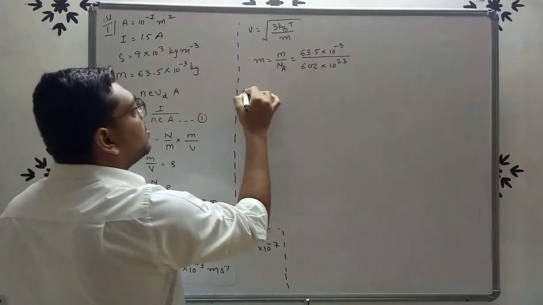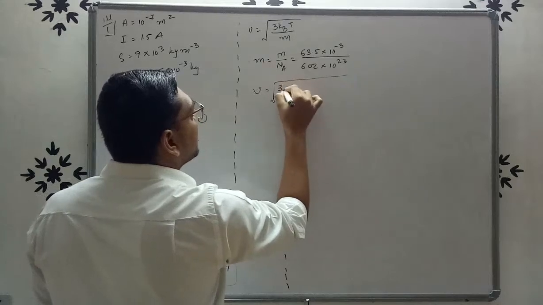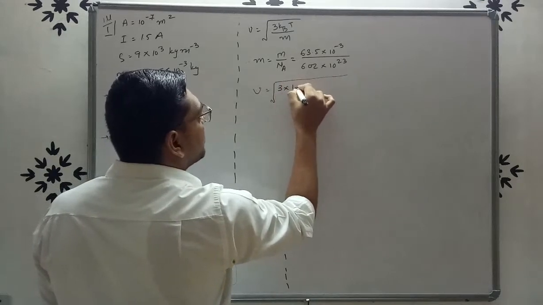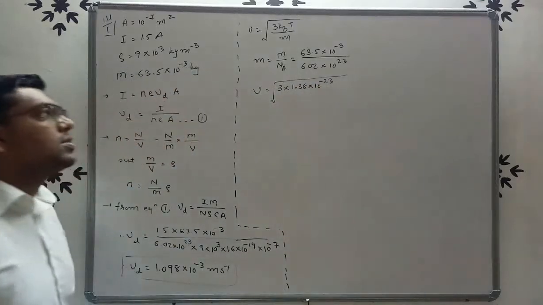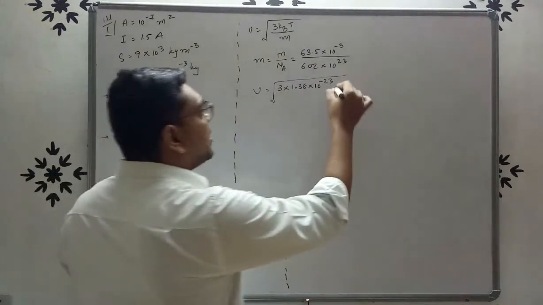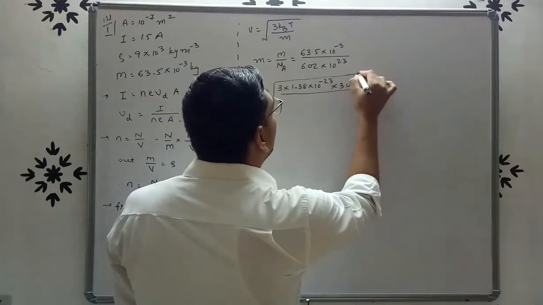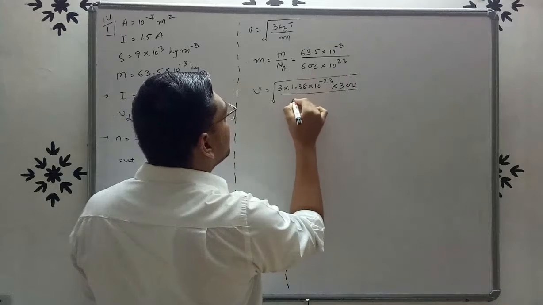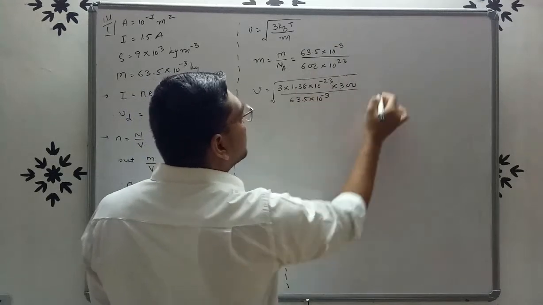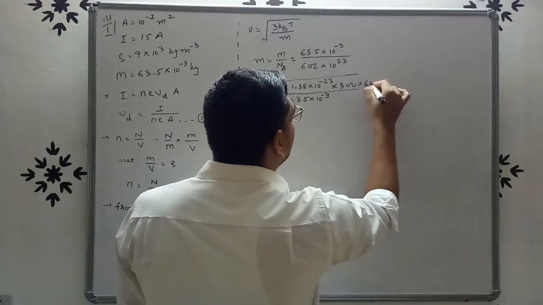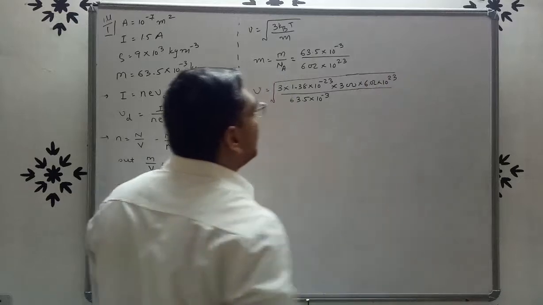Now here from this equation, v is equal to under root of 3 kB T by m, where kB is Boltzmann's constant, 1.38 into 10 raised to minus 23, temperature 300, right? Now m, that is 63.5 into 10 raised to minus 3 upon, this goes to the numerator, 6.02 into 10 raised to 23, right?